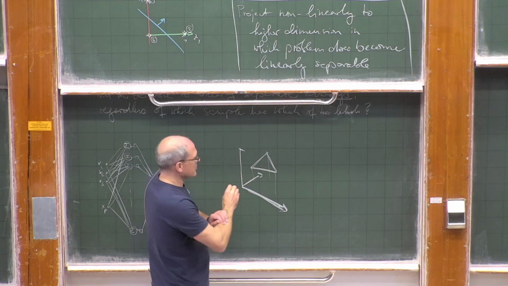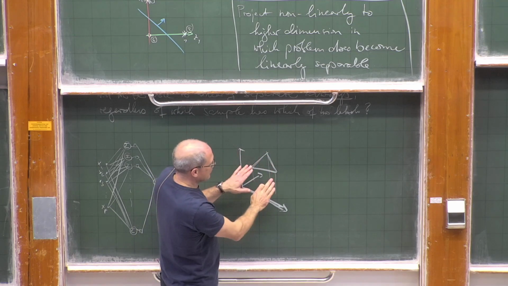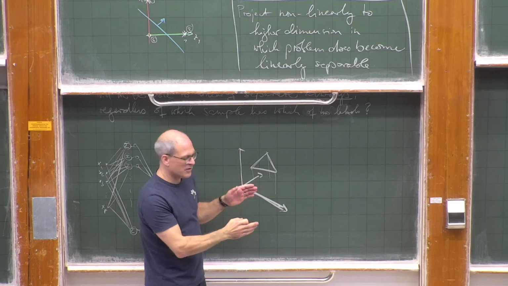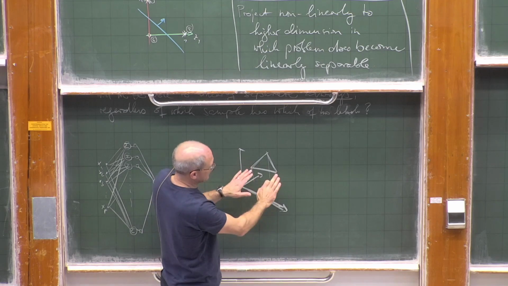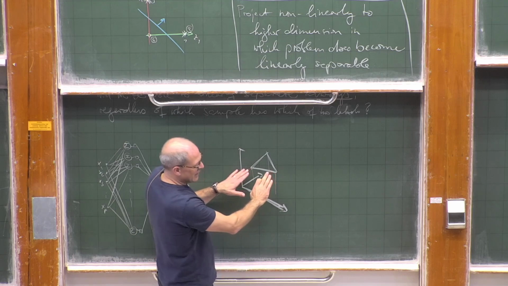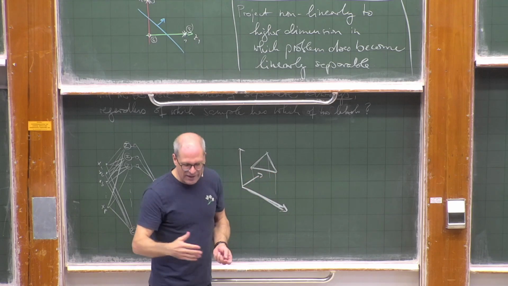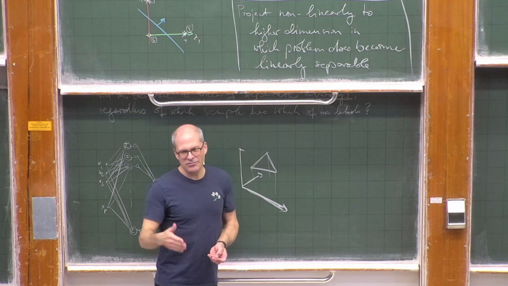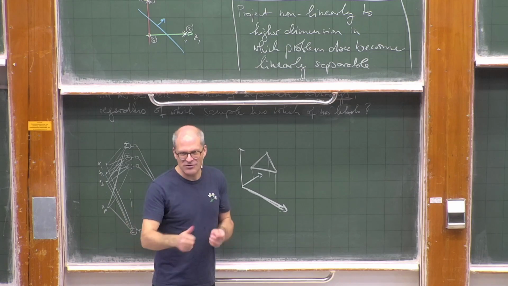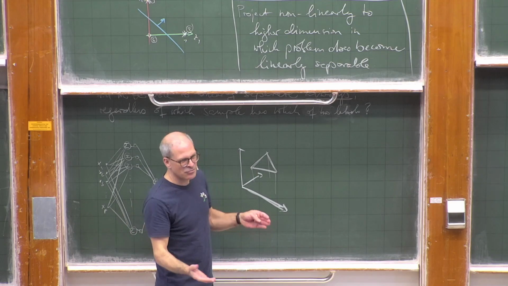And now the thing is, if we can always, for n points in n dimensions, perfectly fit a plane, imagine I throw a dice or a coin for each single training observation to decide what its label is. So the labels are truly random.